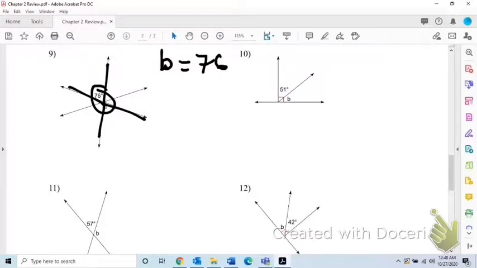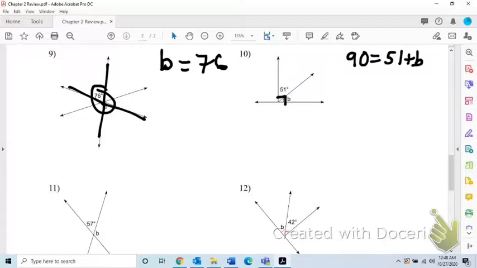Just like in number 8 before it, in number 10, we have a right angle, which means 90 degrees. So that right angle is broken up into 2 smaller angles, 51 and B. And we know that this is what we went over yesterday, the angle addition postulate.